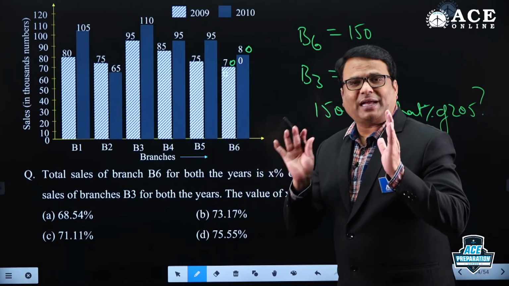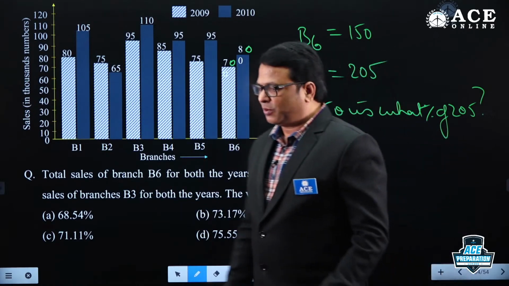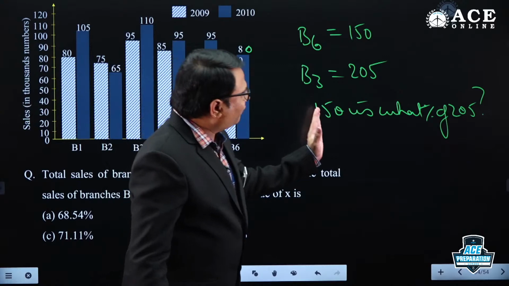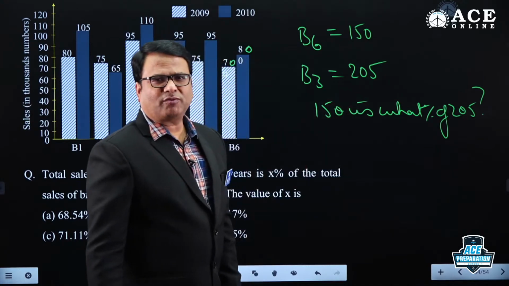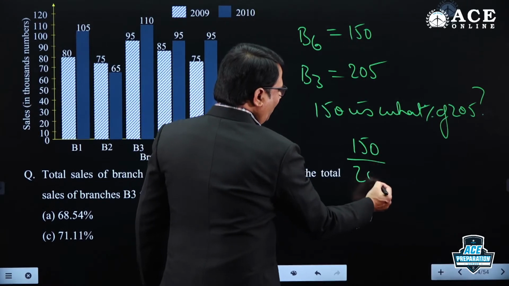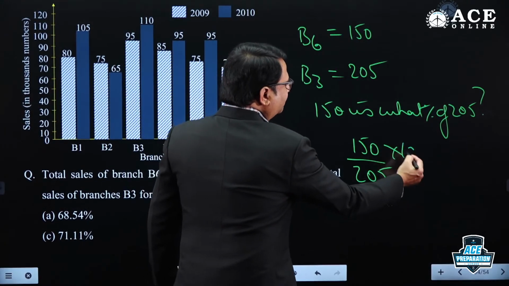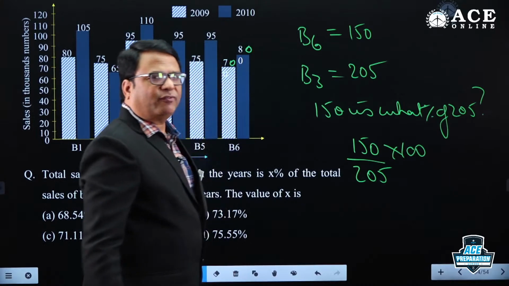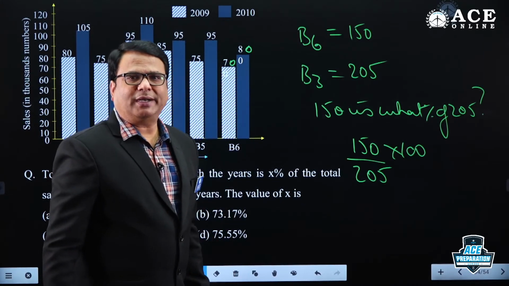So what is that X? We have to calculate. So let us find out: 150 is what percent of 205? 150 by 205 into 100.